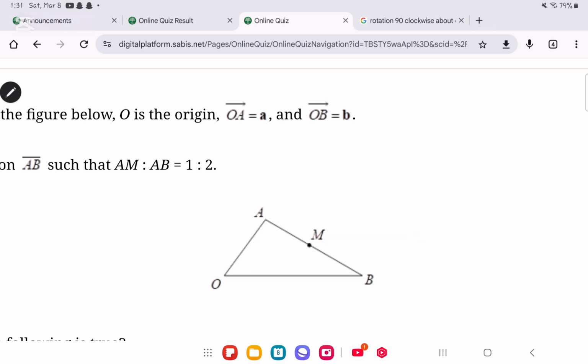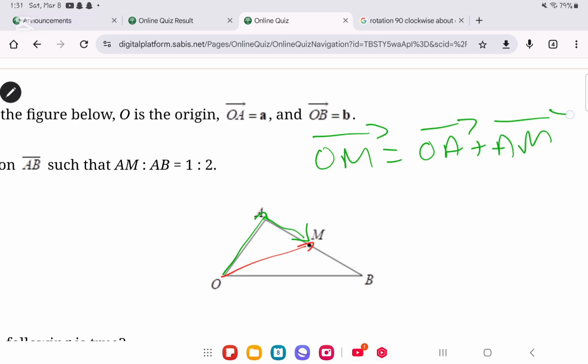Another way to do it would be to take OM like this, and then take one of the sides, for example OA and AM. So right now we know that OM is equal to OA plus AM. OA, based on the given, is equal to A. AM is half of AB. So let us find AB together.